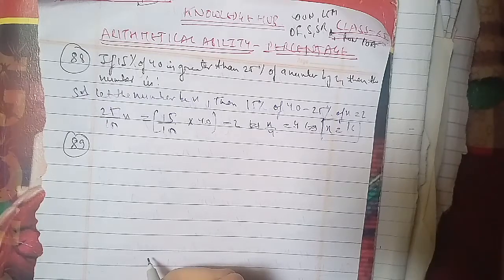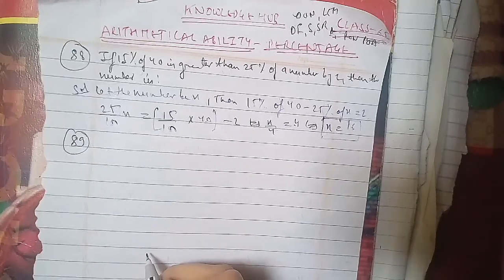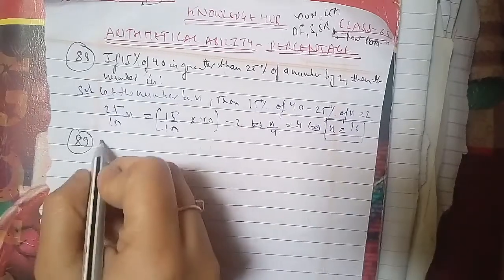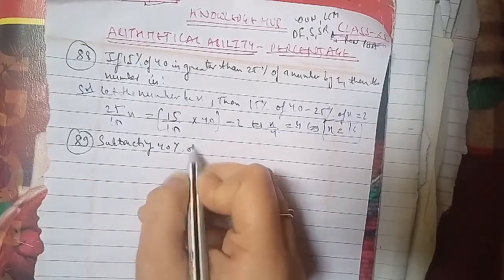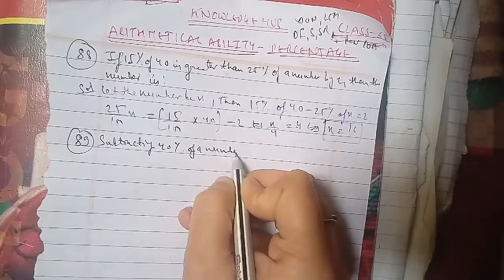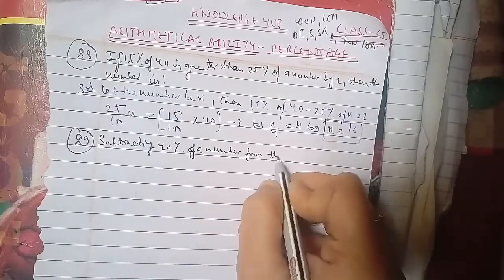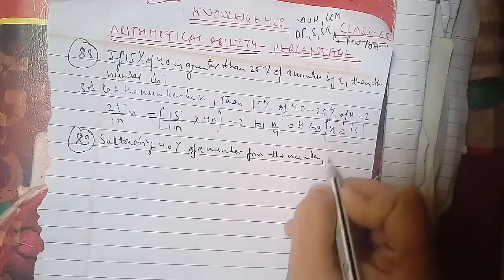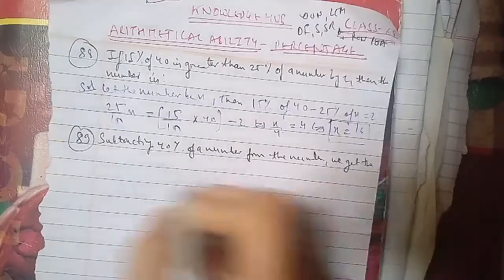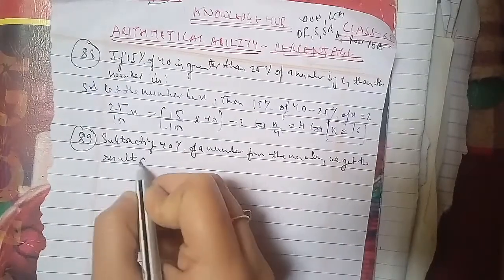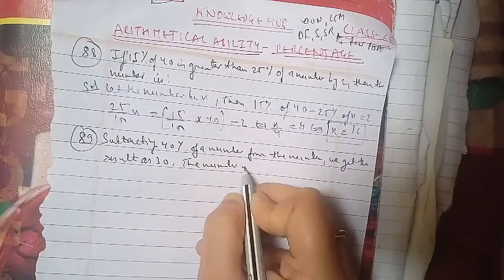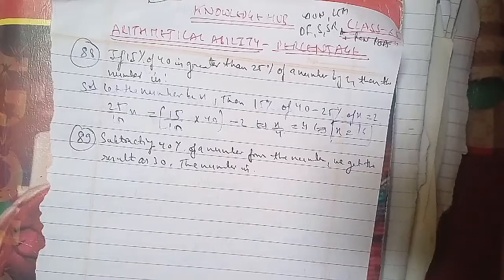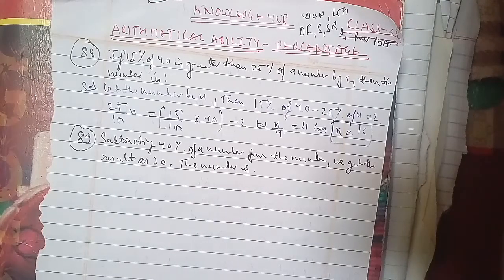The options we have are 28, 50, 52 and 70. So we'll go ahead with the same.